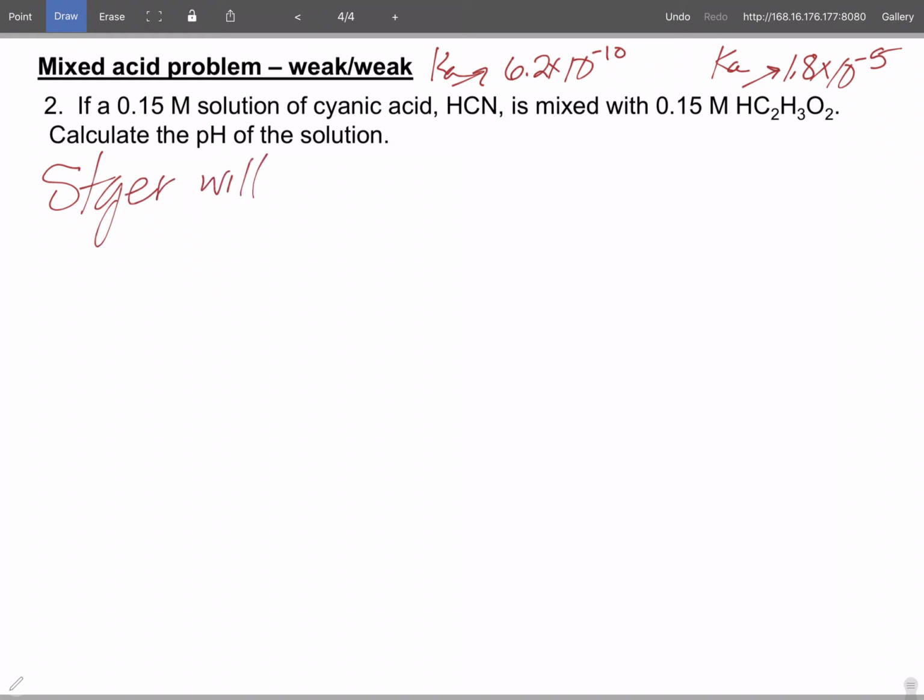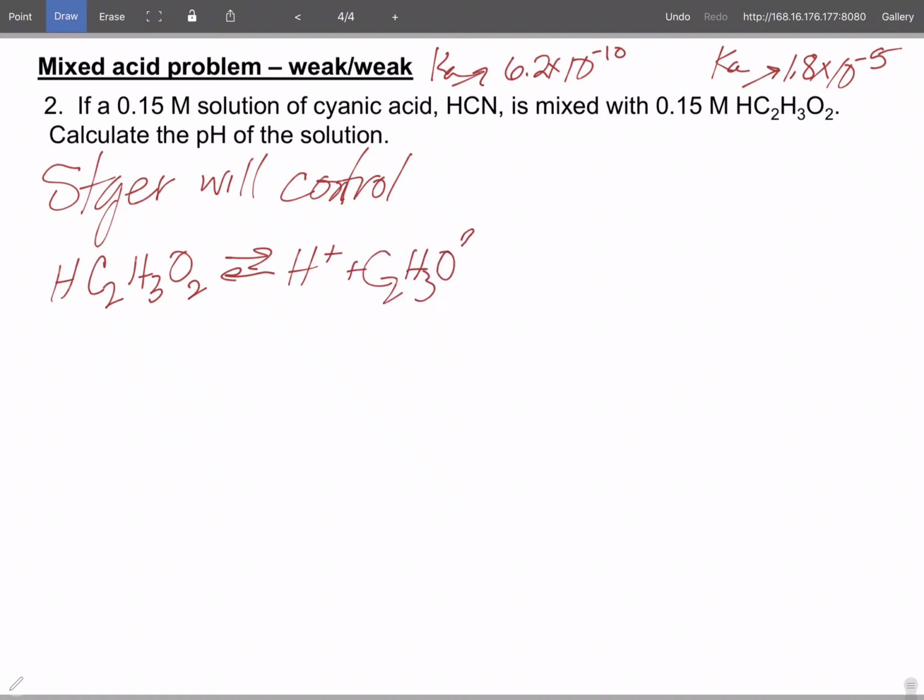So in this case, that means that C2H3O2H is going to dissociate into H plus and C2H3O2 minus, and we have an ICE table.